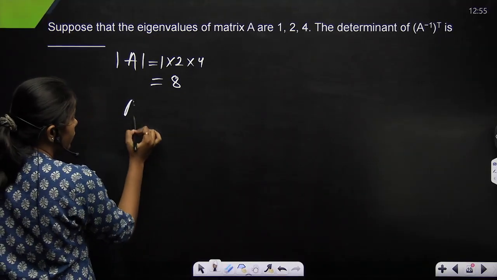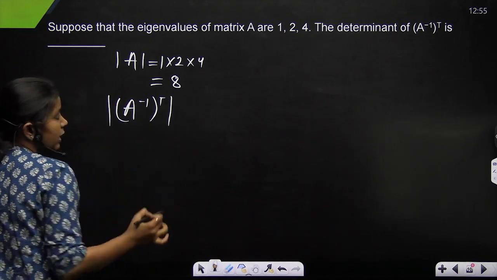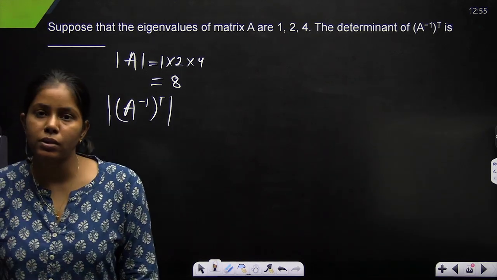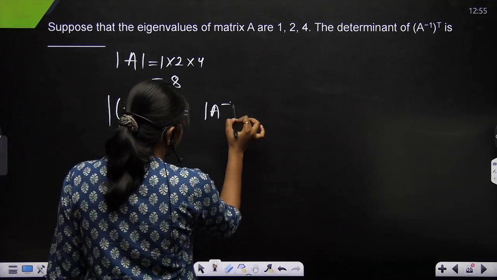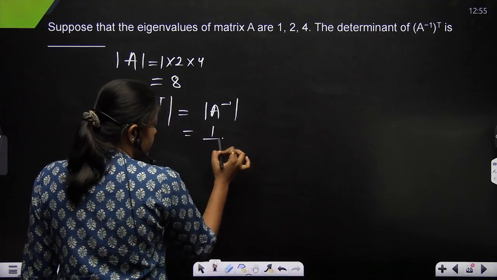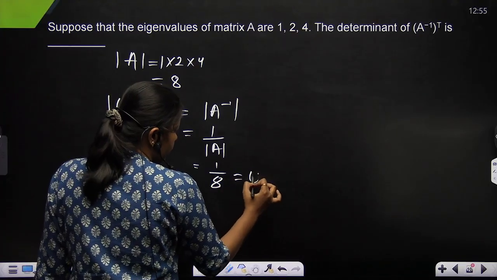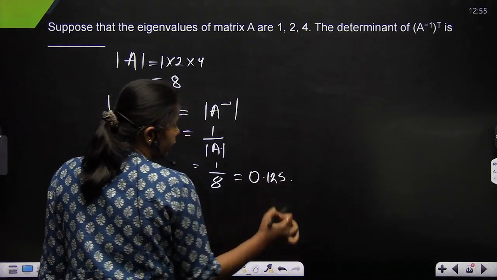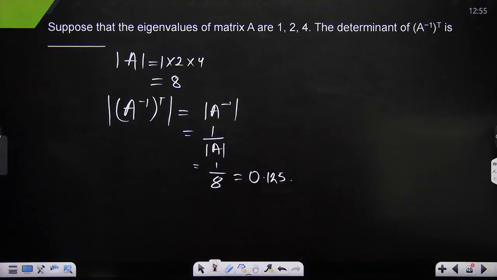Now I need to find the determinant of A inverse transpose. One thing I know is that the determinant of A transpose is equal to the determinant of A. So that means it is equal to the determinant of A inverse, and the determinant of A inverse would be 1 by the determinant of A, that would be 1 by 8. And if you write it in decimals, 0.125 would be the answer. Right? So here 0.125 would be my answer.